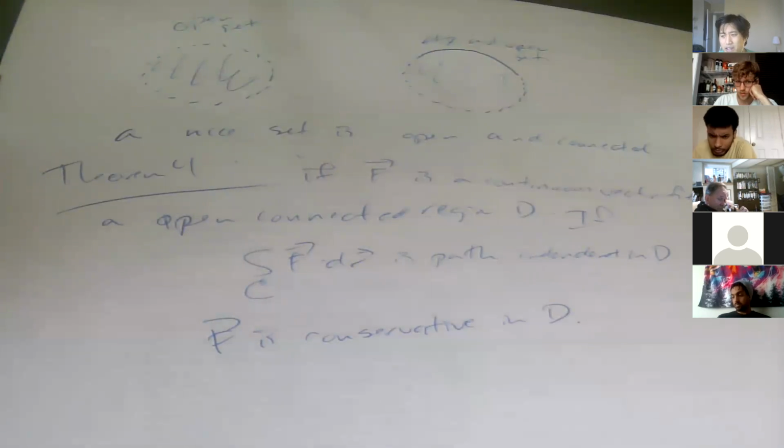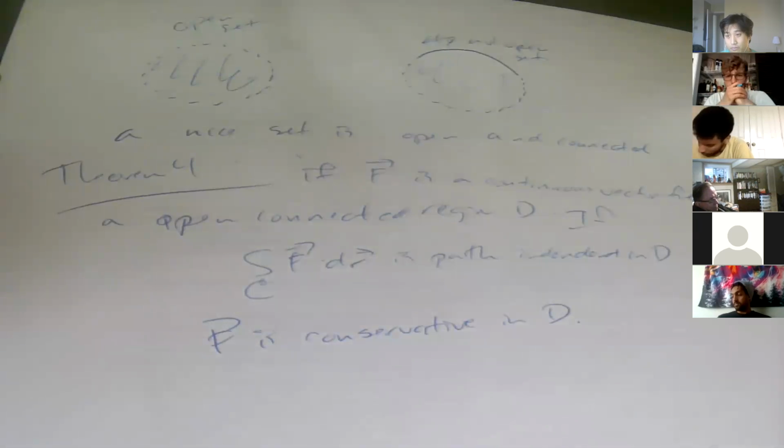So what does this mean? Theorem 3 and theorem 4 together say, if I have a continuous vector field on an open connected region, then being path independent is exactly the same as being conservative. Okay, so how do I use that? I can say, well, if I don't have path independence, I definitely don't have conservativeness.